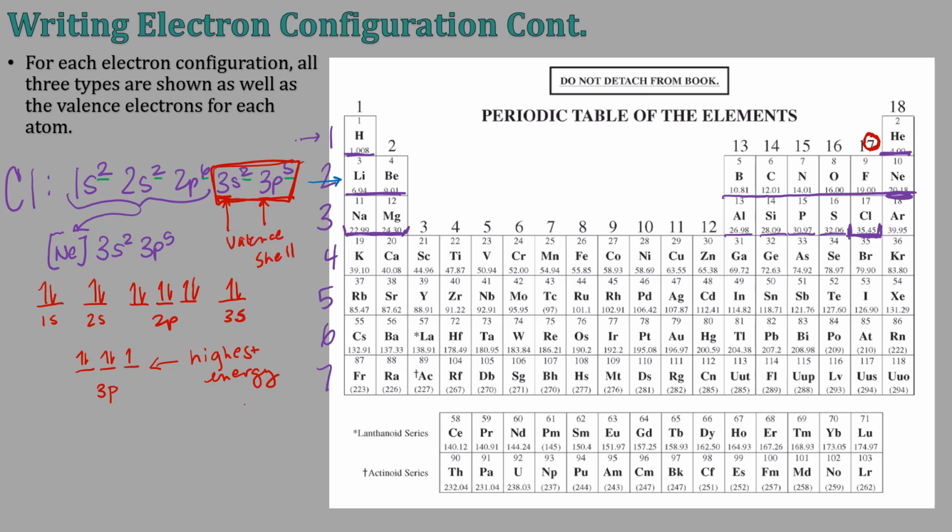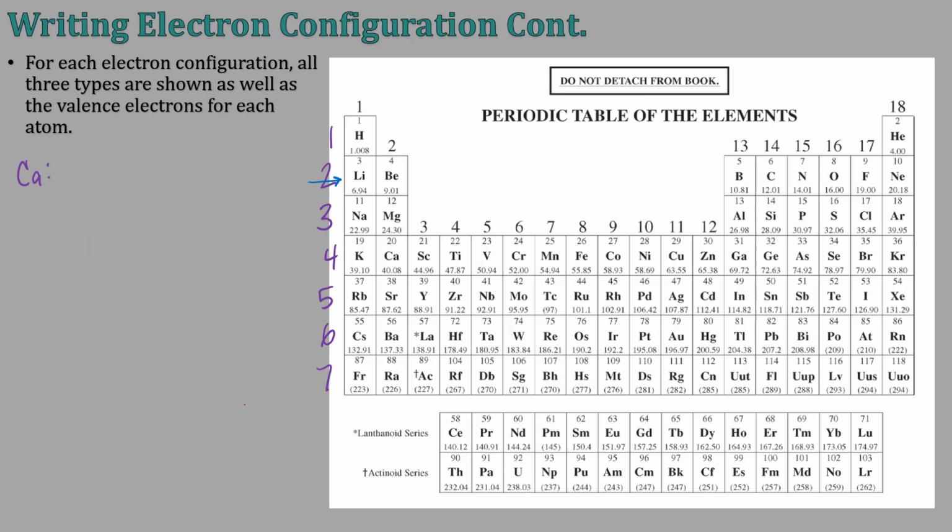All right, now let's look at calcium. All right, so calcium is right here. And I'm going to start at the beginning again. So I have 1s2, 2s2, 2p6, 3s2, 3p6 all the way through, and then we have 4s2.